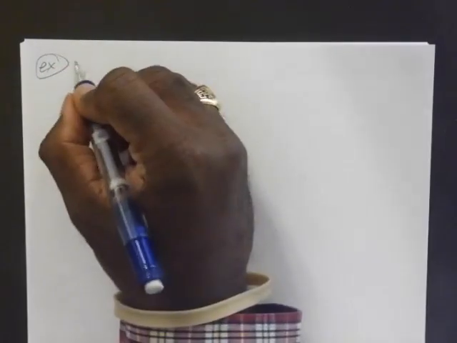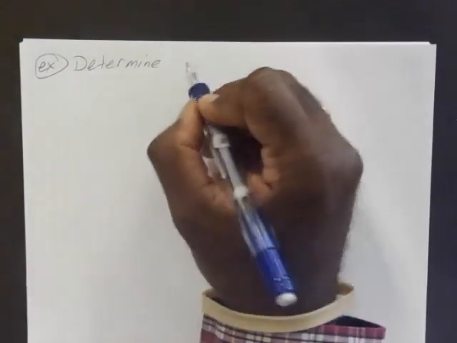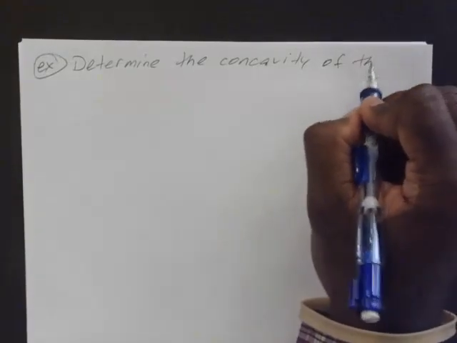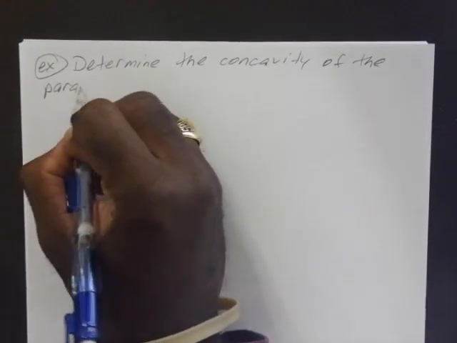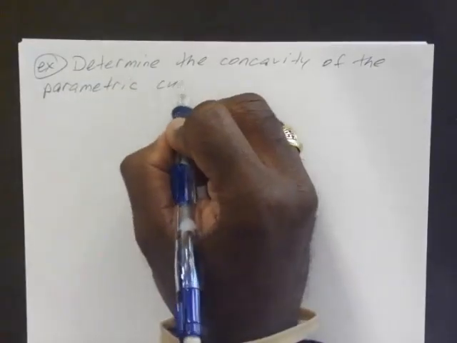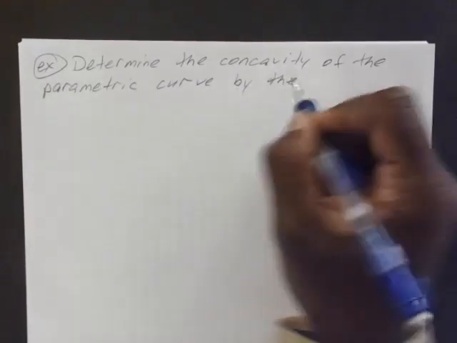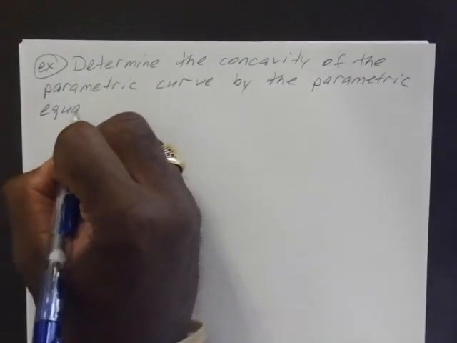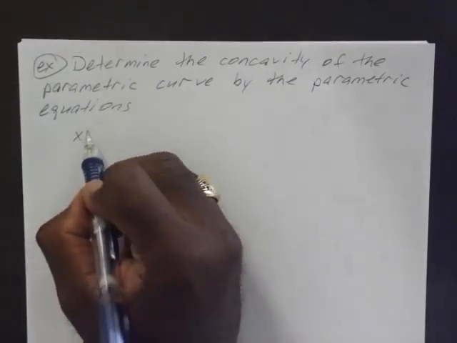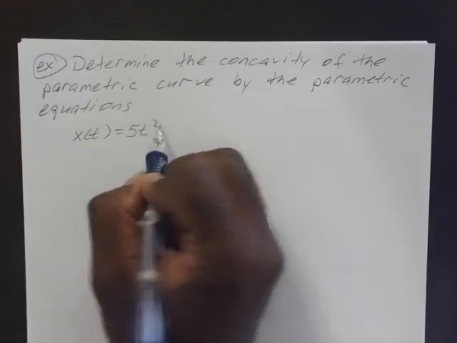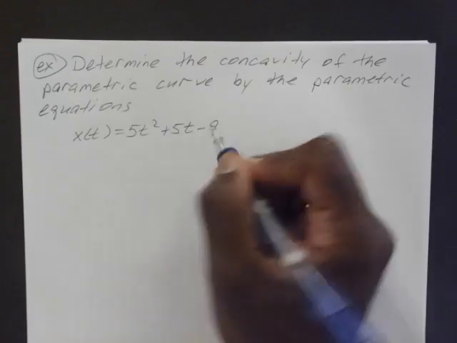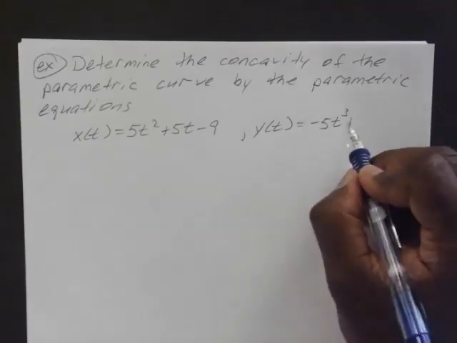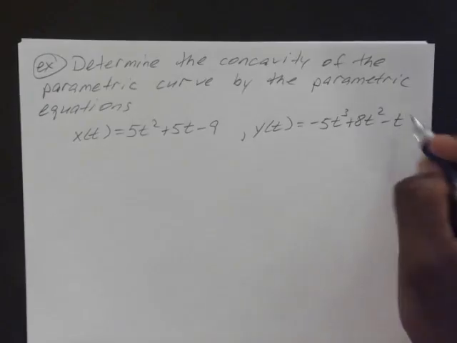Okay, so what if we wanted to determine the concavity of the parametric curve given by the parametric equations x of t is equal to 5t squared plus 5t minus 9, and y of t is equal to negative 5t to the third power plus 8t squared minus t minus 9.